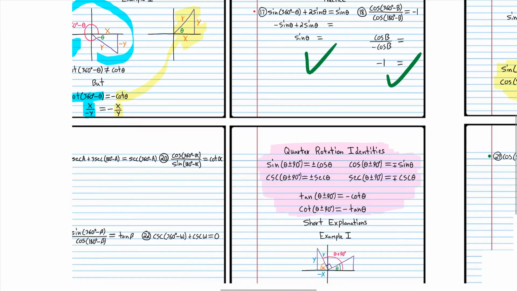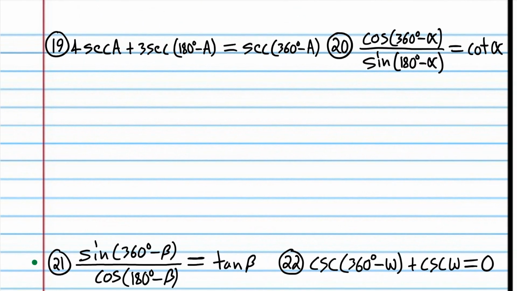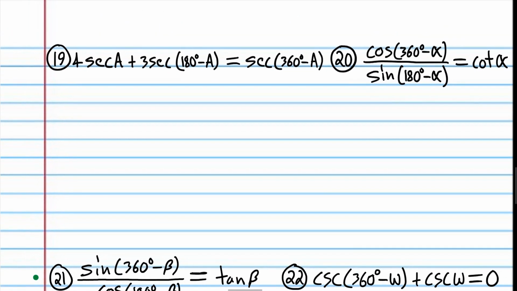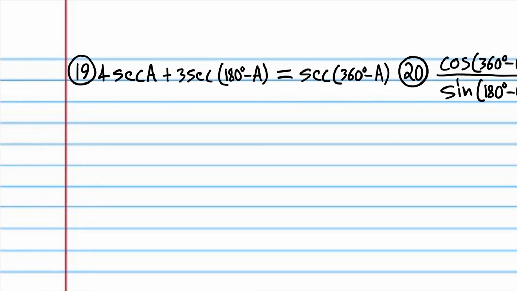Again, this is very advanced trigonometry. But again, you're not required to know the explanations. You're only required to be able to do the problems. So memorize those formulas and you'll be fine.